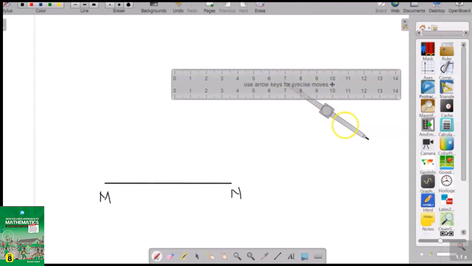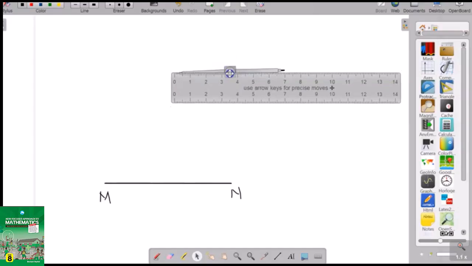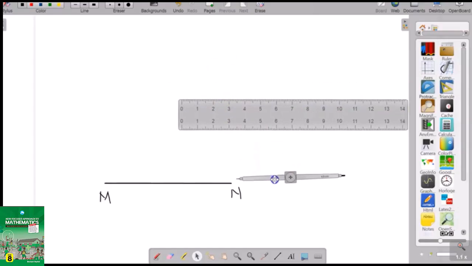So I'll use my compass, pick the measurement of 7 centimeters. Yeah, so that's our 7 centimeters. Then I'll put the compass pin at N and draw an arc. Okay, so that is our arc.